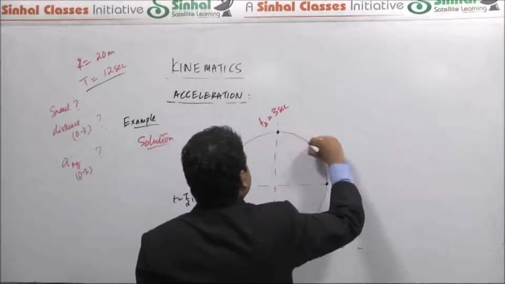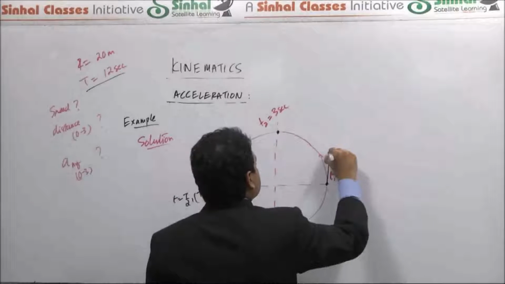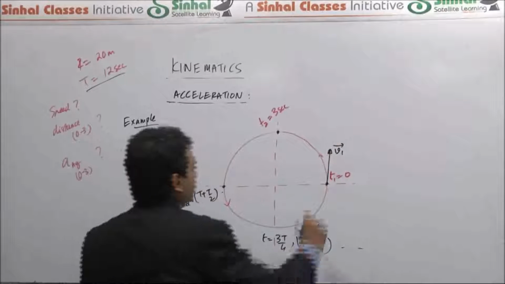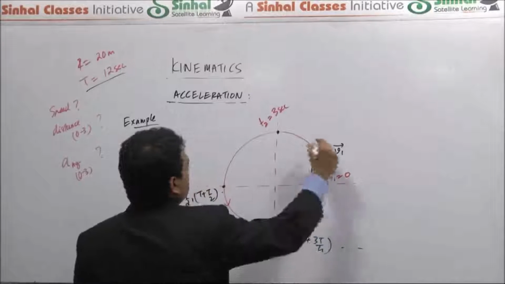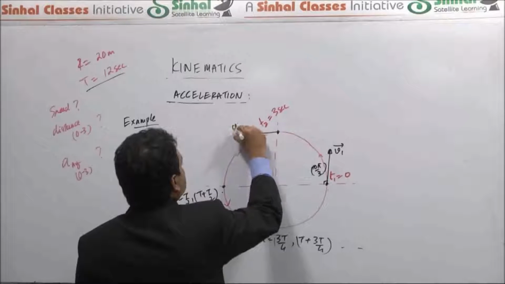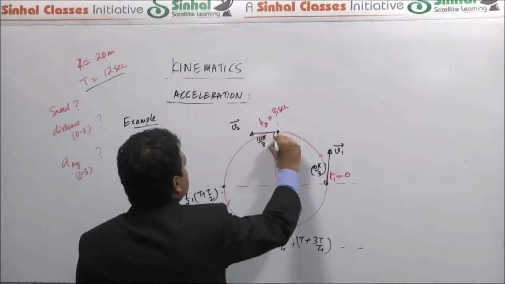Now, keeping in mind the simple concept of circular motion, the velocity is always tangential. So that's the velocity v1, right? And its magnitude was 10 pi by 3. Okay. And at this point of time, this is the velocity vector.